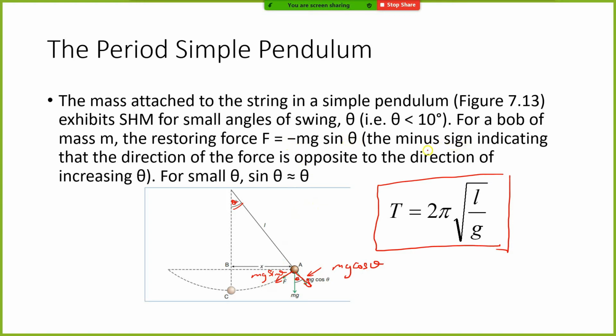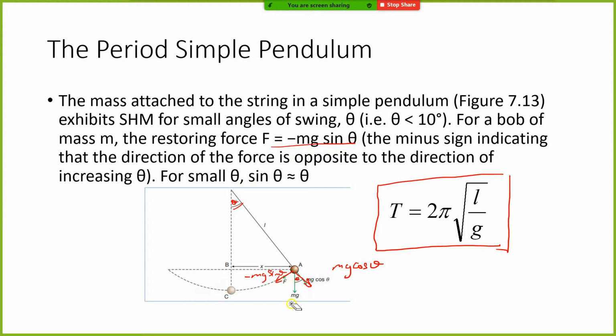The reason for the negative is to show that we're going in the opposite direction, meaning that we're going this way. Whenever we're going towards the left, we signify that as being negative. So that's the reason why the restoring force, as you can see in the notes here, is going to be negative mg sine theta. But let me know if you follow what I did just now.